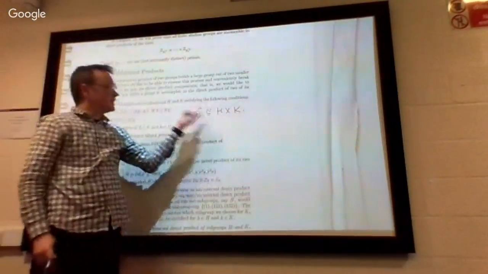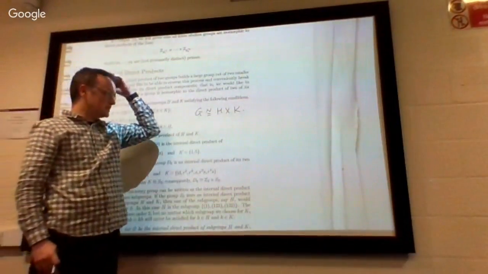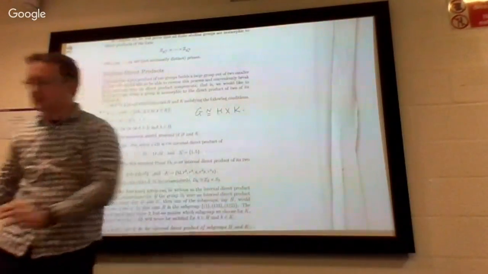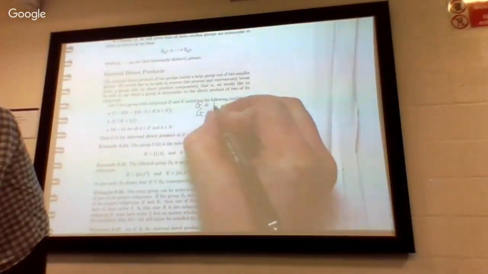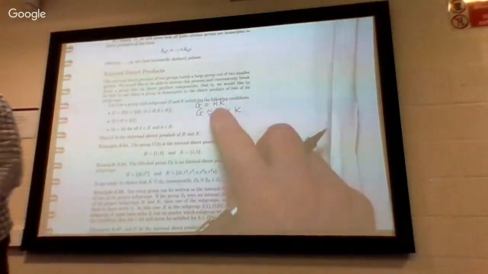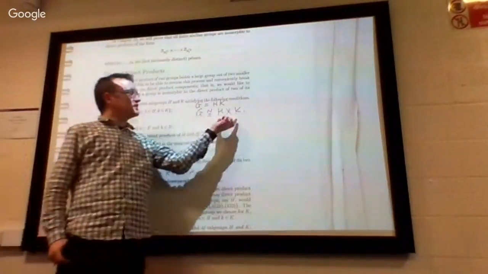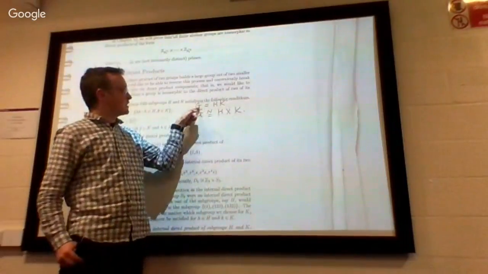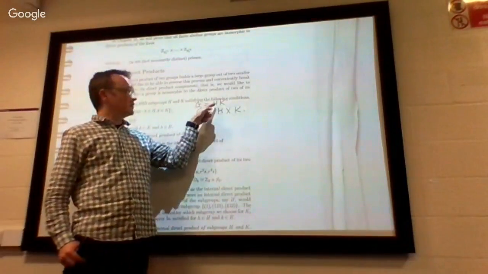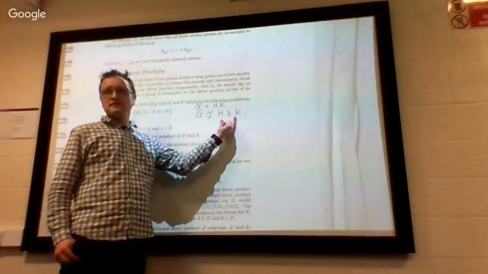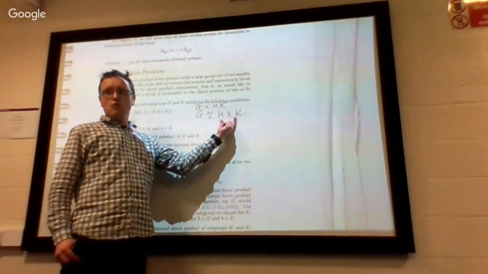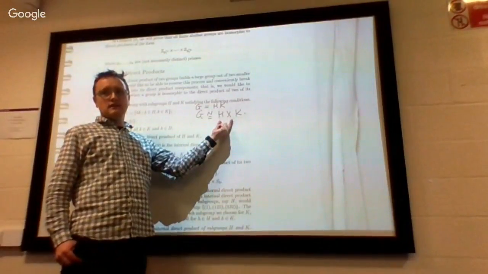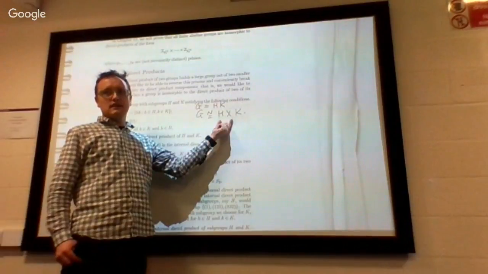The isomorphism comes in because, remember, the direct product, G is equal to HK. But the Cartesian product is a different beast because it's a set of ordered pairs. So on this level, we've just got plain old elements of G floating around. For here, you've got ordered pairs of elements of G. For it to be equal, you might have to shift the order. They won't be the exact same. The elements themselves will all be the same, but they're not necessarily paired in the same way.